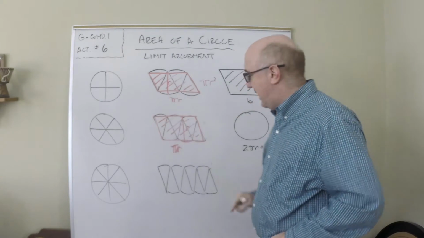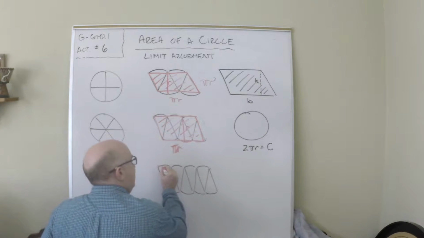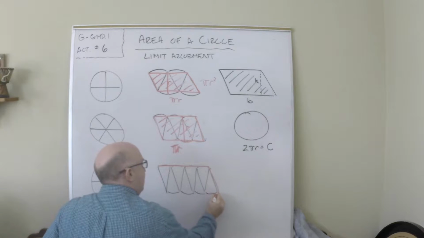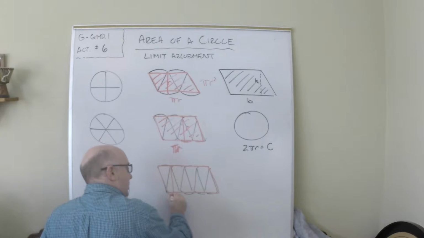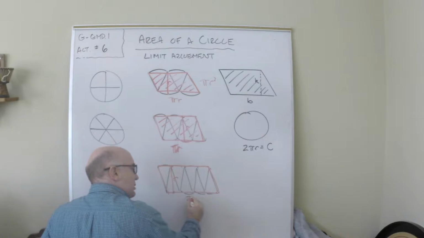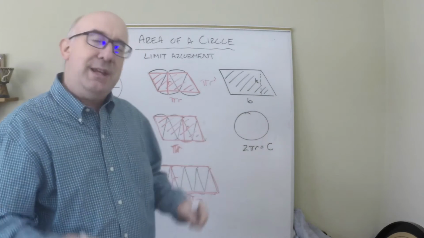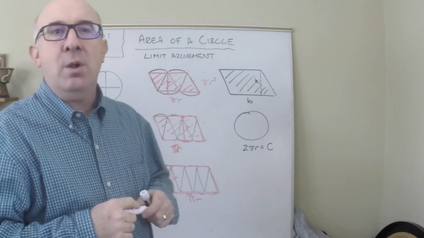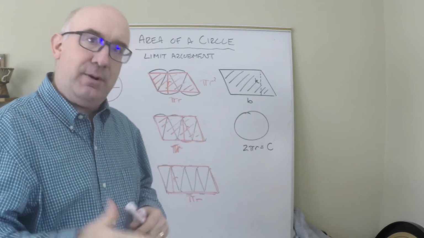Let's cut it into 8 like this. And when we get to 8, things are starting to look really good, much better than the others. That radius is almost the right radius, and this base, I keep writing 2 pi r, but the pi r is pretty close. There's not much kicking outside of that. So the idea is, what happens if we didn't split it into 4 or 6 or 8?